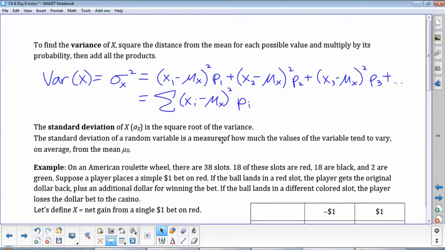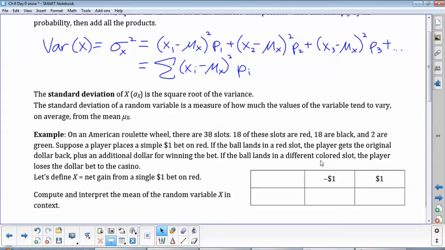So let's do an example of this. We're going to start with the mean. On an American roulette wheel, there are 38 slots. 18 are red, 18 are black, and 2 are green. I know you're probably familiar with this because we did have a question like this in the probability chapter. Suppose you place a simple $1 bet on red. That means if it lands in a red slot, you get your original dollar back, plus $1 for winning the bet.